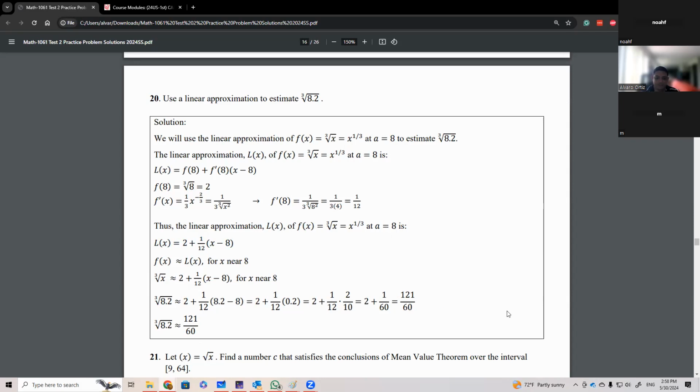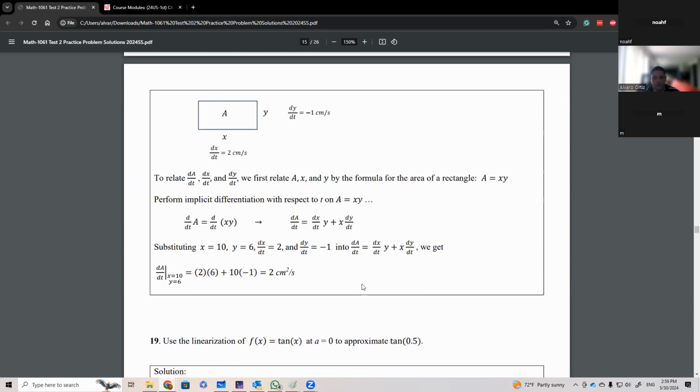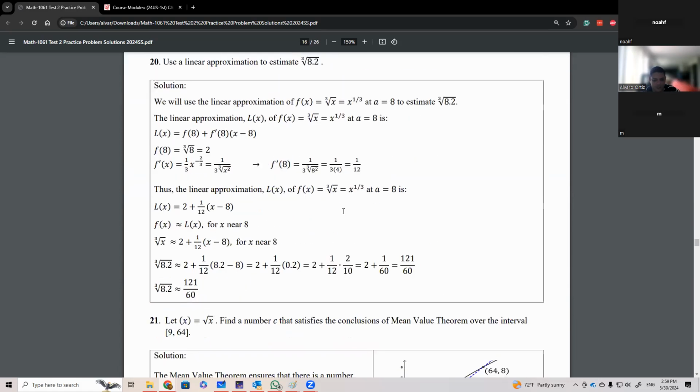Okay. Don't forget to take a look at these exercises. This is something that for sure is going to come, and I'm going to be asking you to do one of these. Typical questions that you might expect tomorrow: of course, you can expect one chain rule. You can expect one implicit differentiation. You can expect linearization.